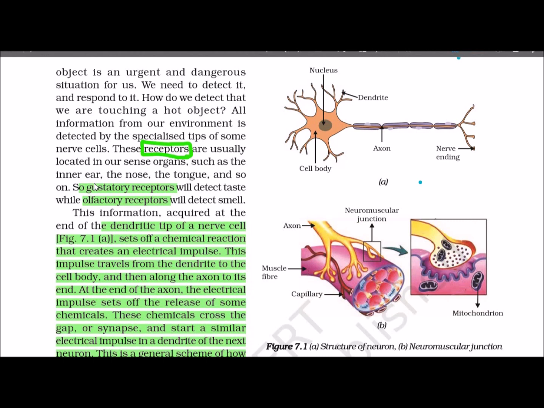Next is the tangoreceptor. These are the touch receptors present in the skin. So the structures which possess sensory receptors for picking up information about the external and the internal environment are called sense organs. They are five in number, that is skin, nose, tongue, eye and ear.